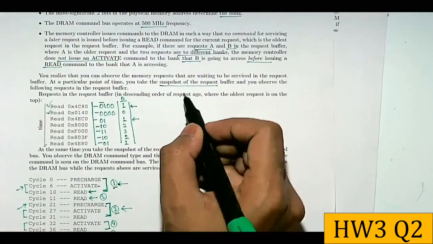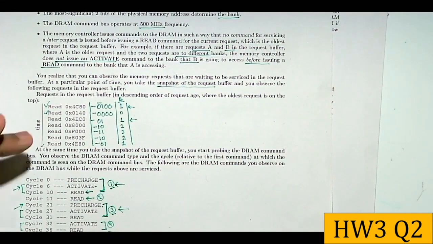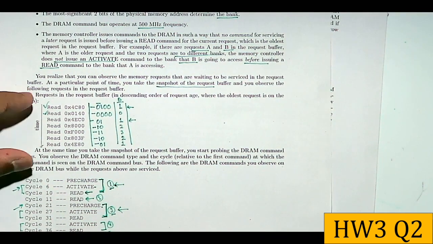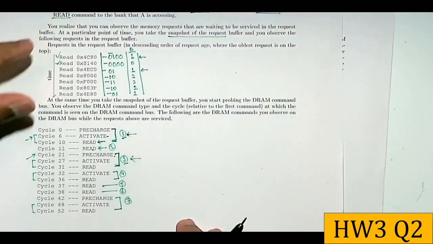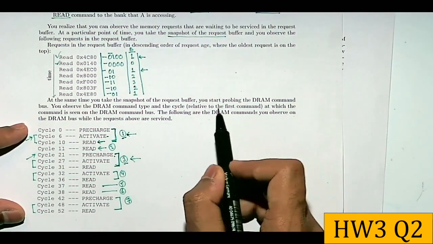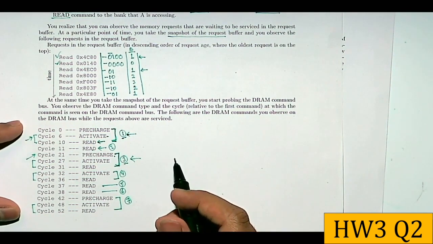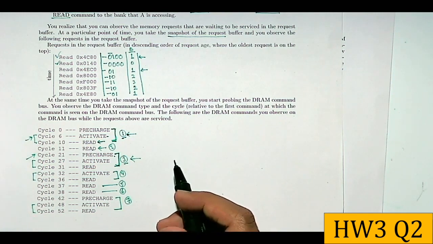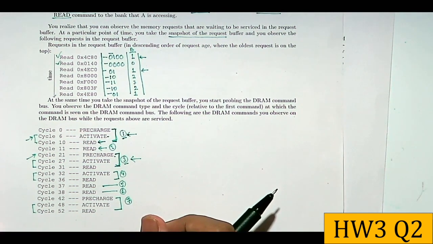But this question said that this is the snapshot of the request buffer at once, when you started seeing this. So your request buffer showed a state like this, and then you probe the command bus. That's what it says: you probe the command bus, and you saw that this is the sequence of commands the DRAM command controller issued. Make sense? What you're saying is that at one point in time we are getting this many requests at the same time.